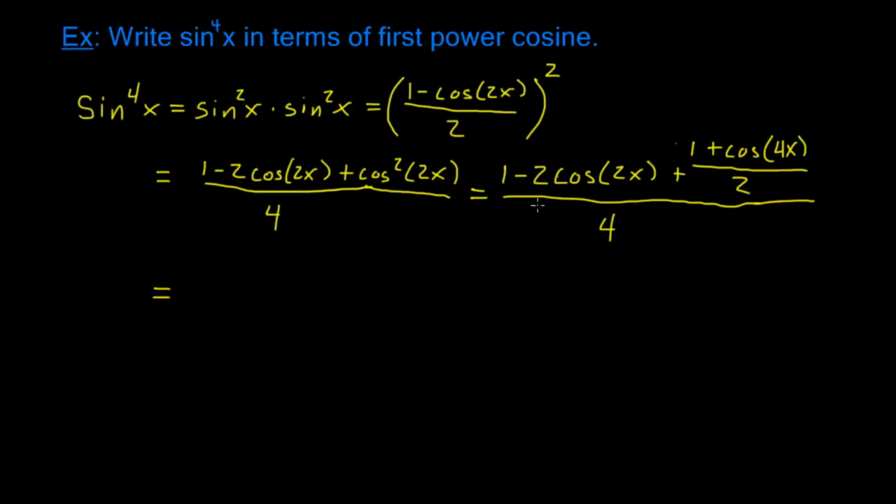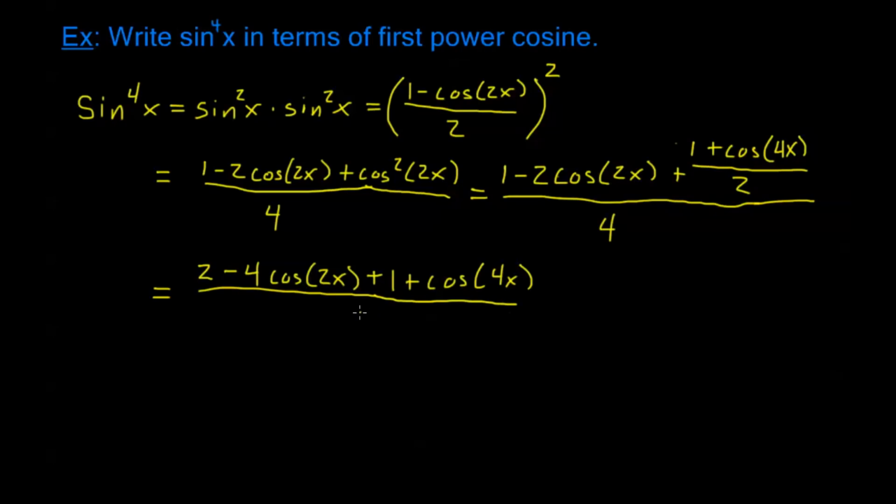Now I need to get a common denominator up in the top here. Getting a common denominator, this is going to be 2 minus 4 cosine 2x plus 1 plus cosine 4x. My numerator is a fraction with denominator 2, and this is all over 4. So you can think of this as multiplying the numerator by 1/4 or dividing by 4.